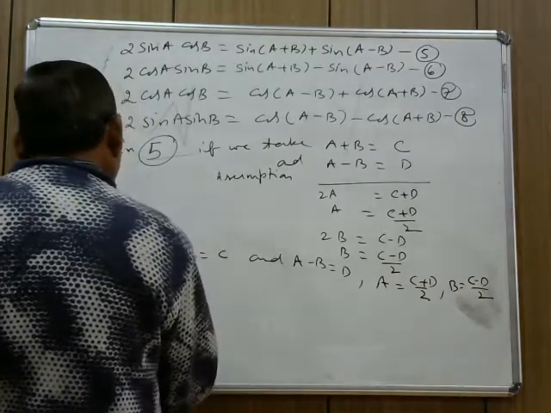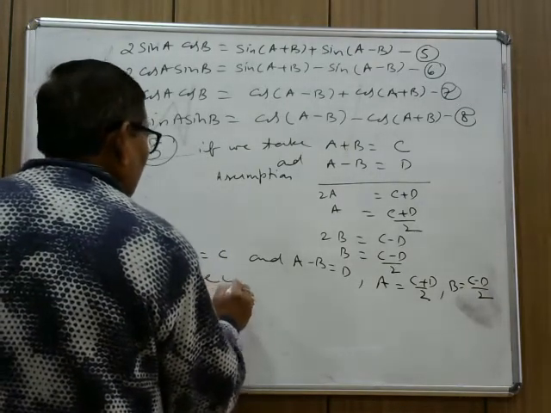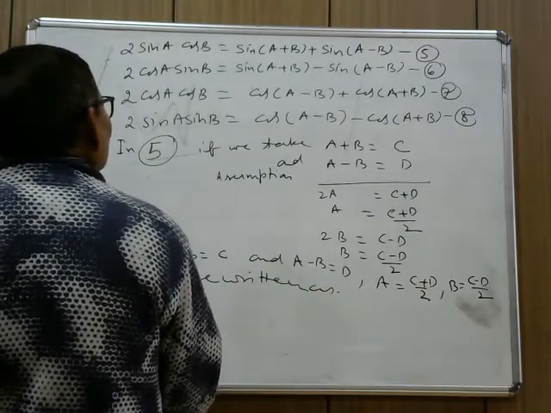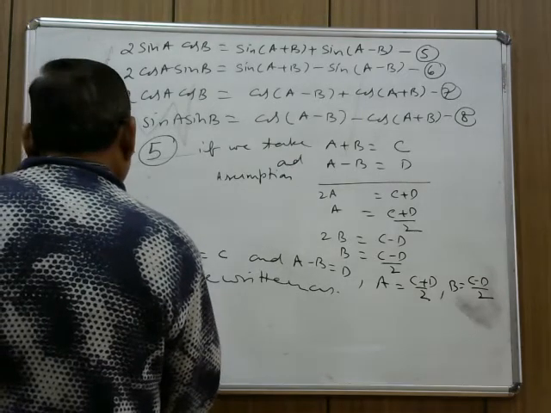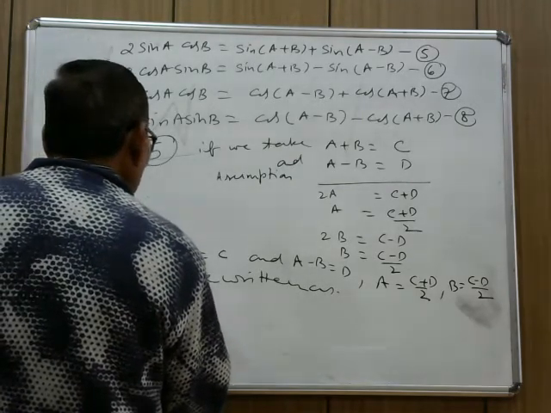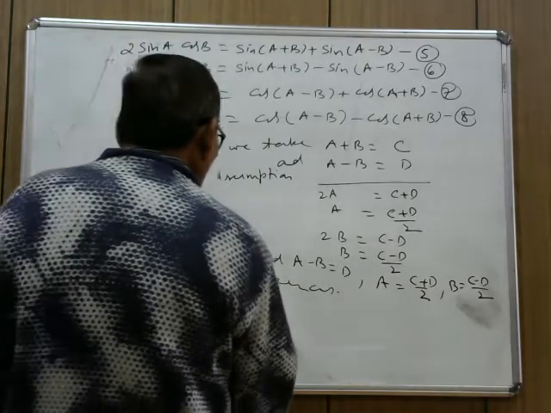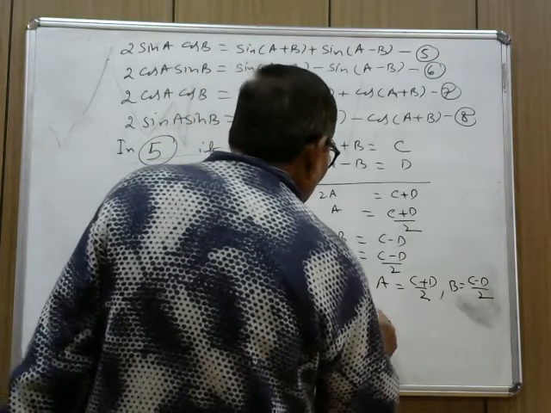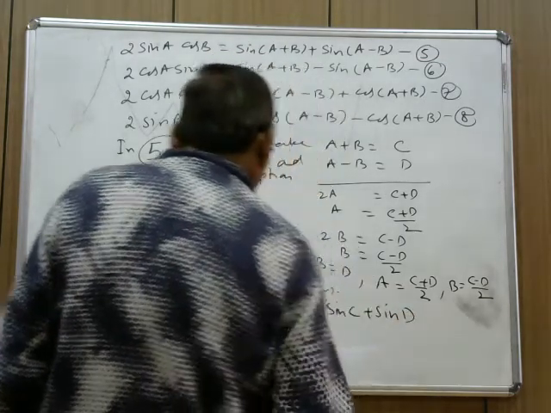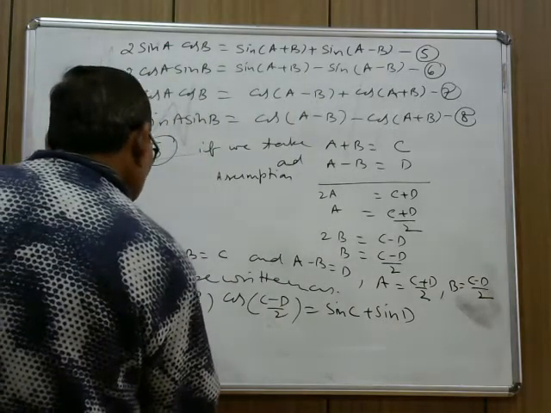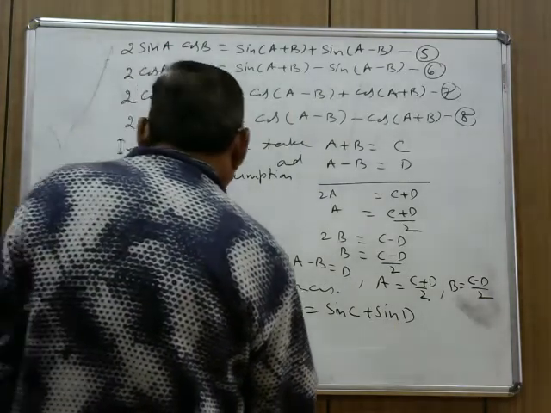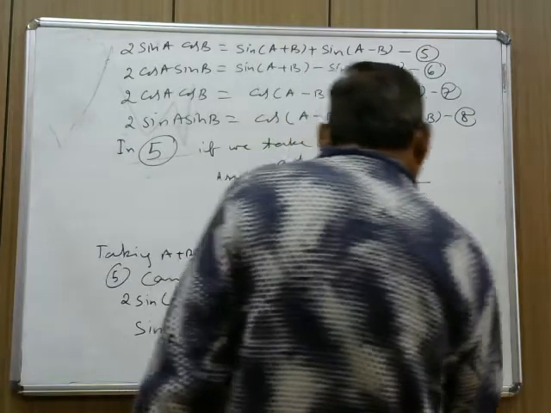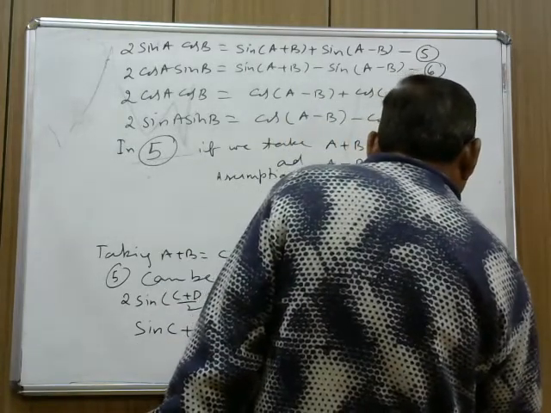5 can be written as 2 sin C plus D by 2 into cos C minus D by 2 equal to sin C plus sin D. So now sin C plus sin D is equal to 2 sin C plus D by 2 into cos C minus D by 2.